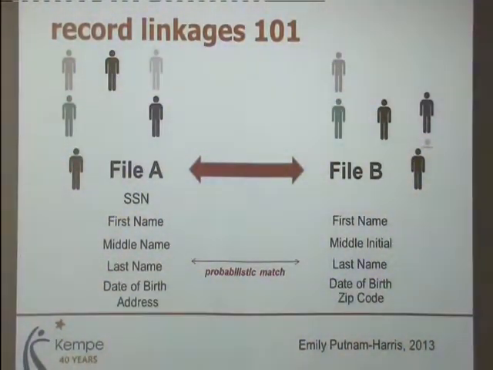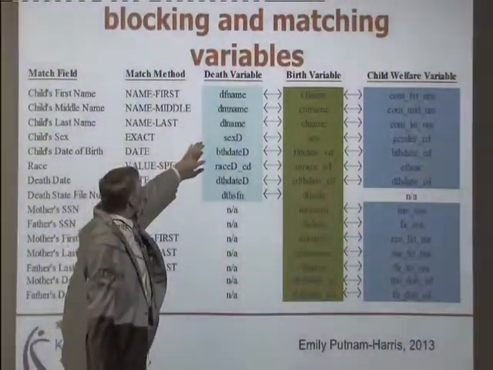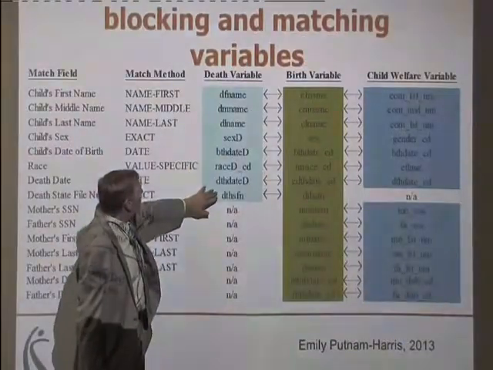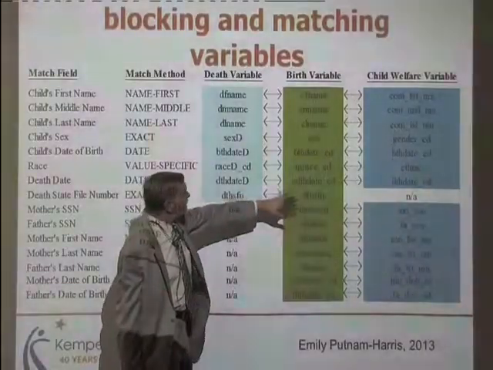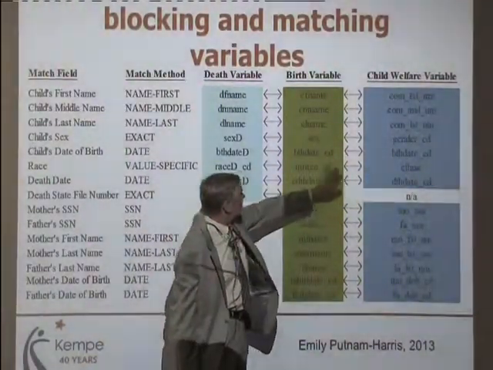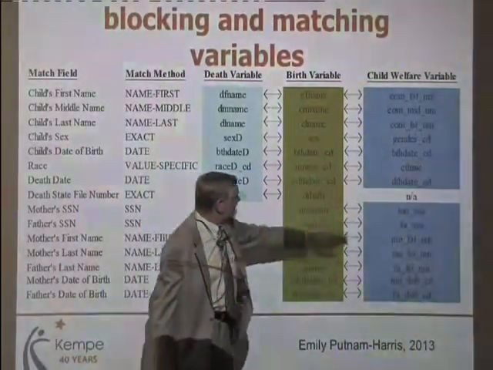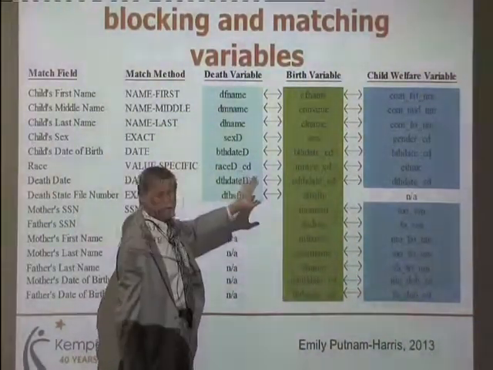That's a good clarification. And this is just some example of the types of data fields that you might use for that. So in this case, with the fatality file, these are the fields that might match to the birth records. For the child welfare variables, these would be the things that might match to the birth variables, but might not match to the death variables.